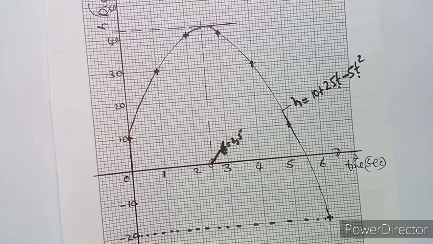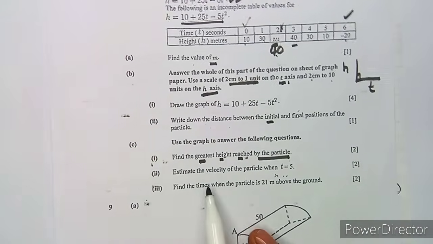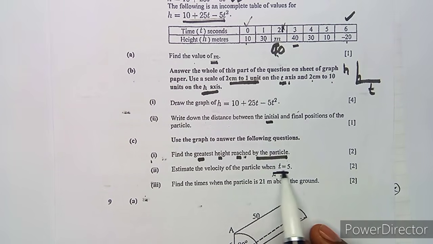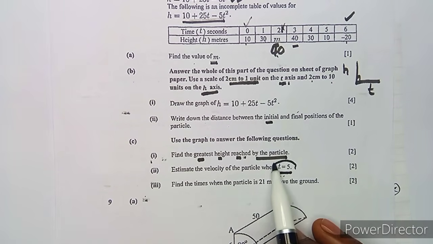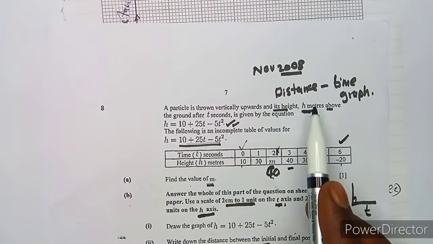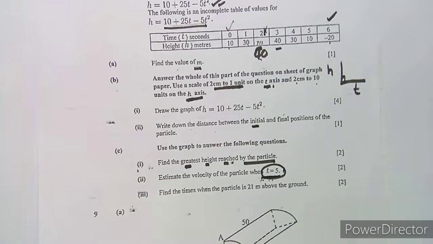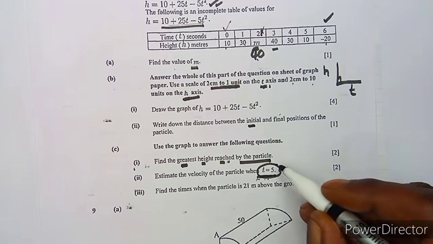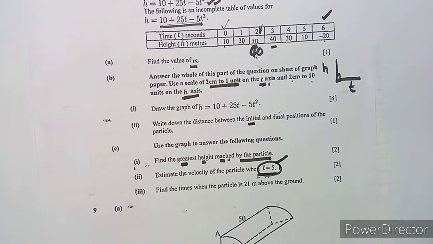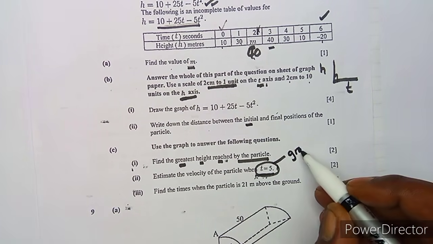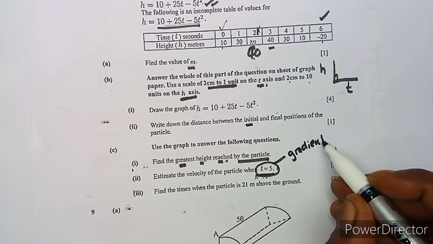So let's move on to another question, which is to estimate the velocity of the particle when t is equal to 5. Okay, so the velocity, if you are working with a distance time graph, guys, I told you that velocity or speed is going to be like how you calculate gradient on a normal quadratic graph.